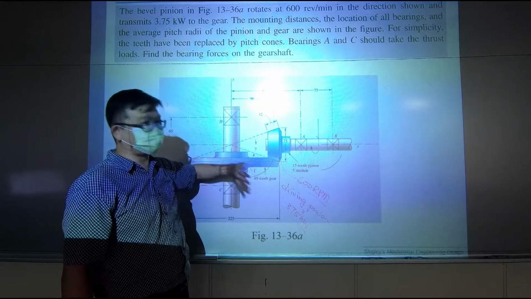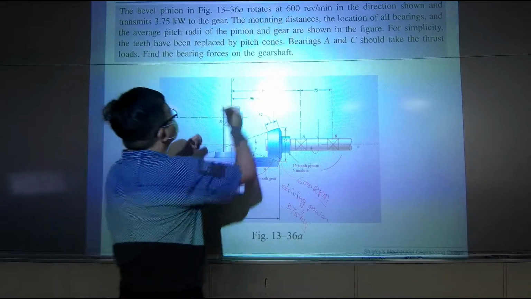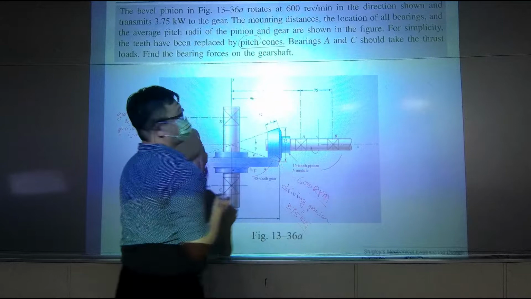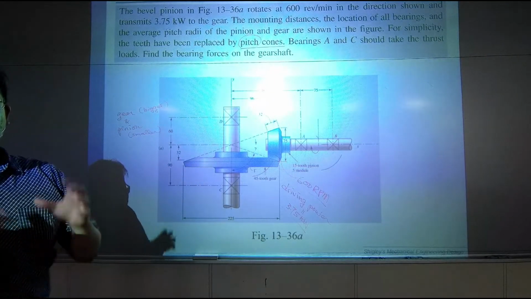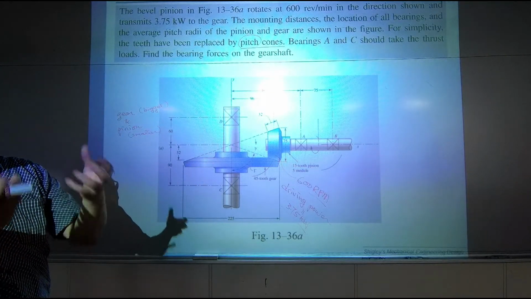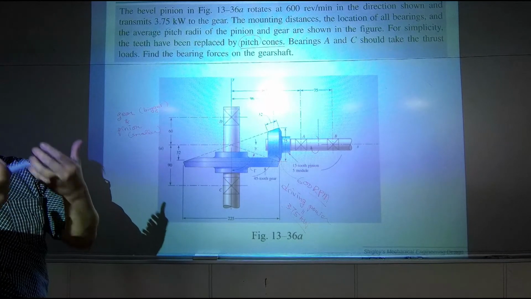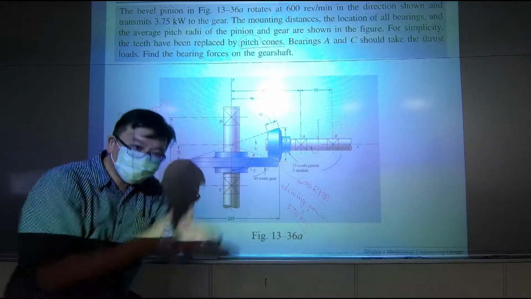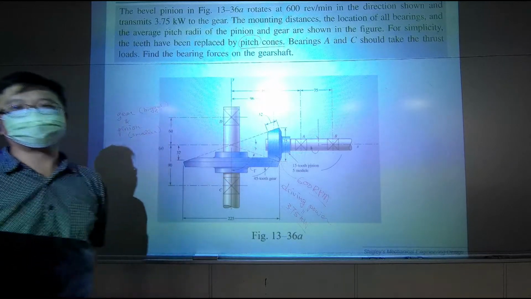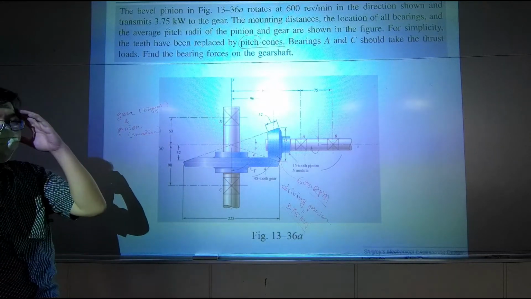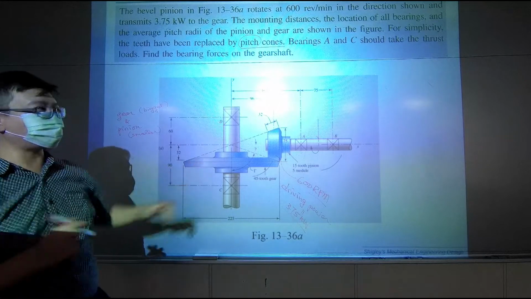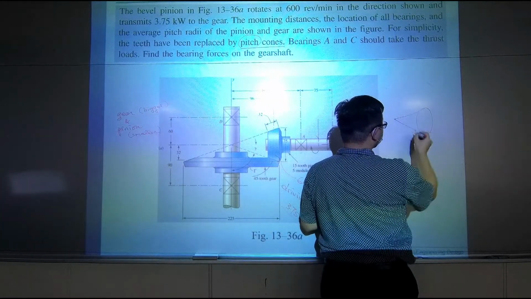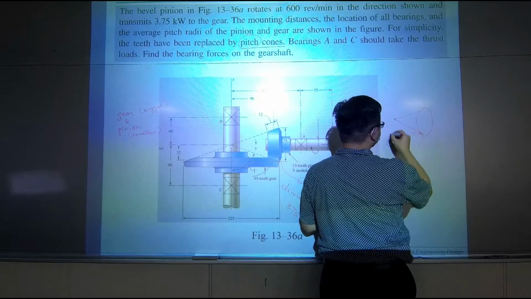They just draw the cone, indicating it's the pitch cone. For spur gears only the pitch circles are tangent to each other, and for bevel gears, the pitch cones are tangent to each other. So you can think of a bevel gear set as two cones tangent to each other.